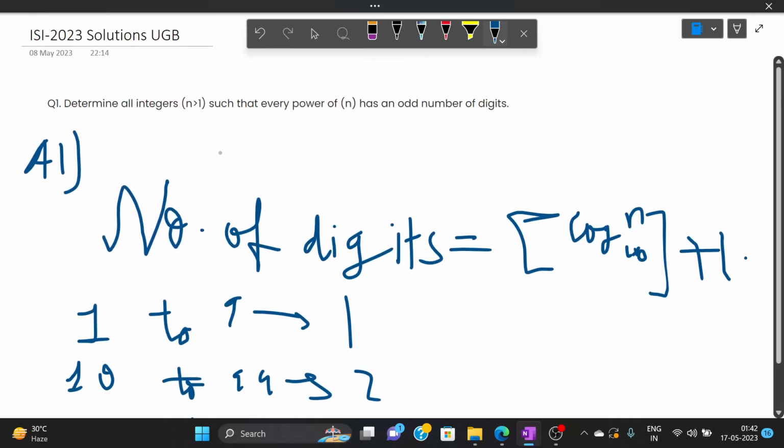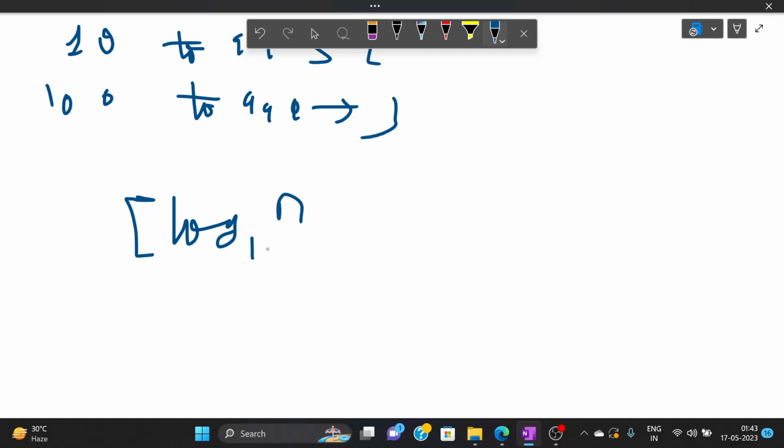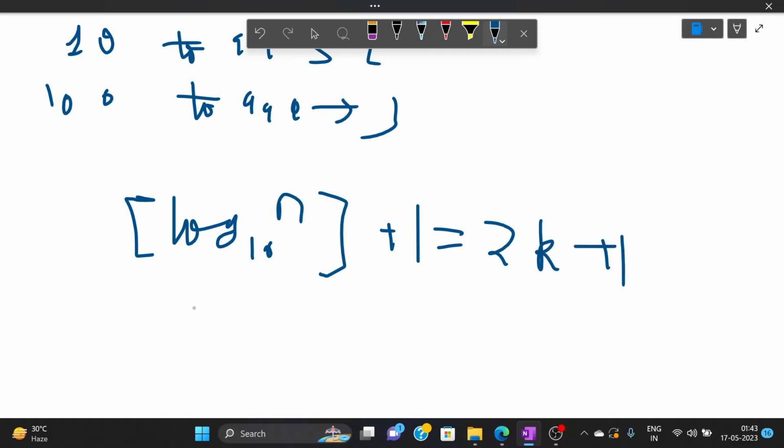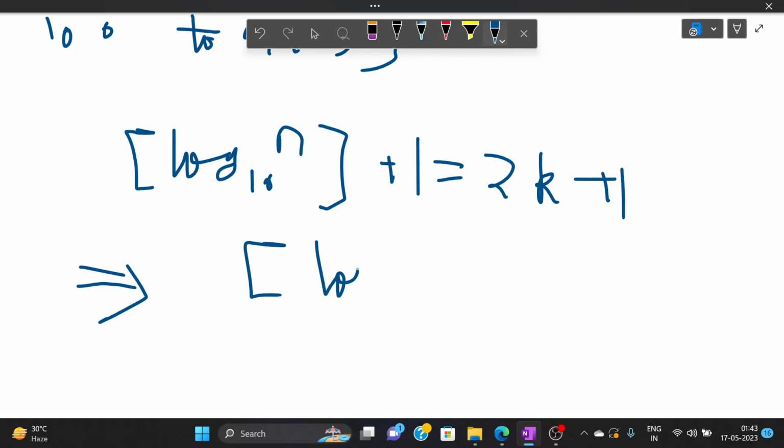Now let us start the problem. We need to find all n such that the greatest integer of log n base 10 plus 1 is an odd number. So this implies the greatest integer of log n base 10 is an even number.